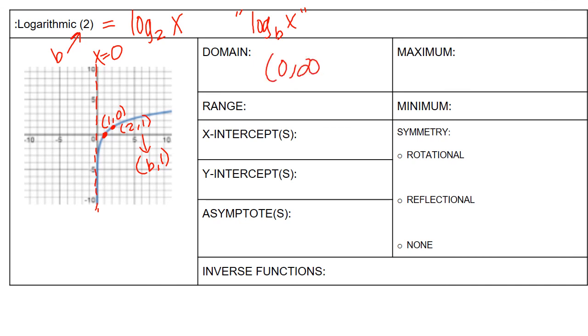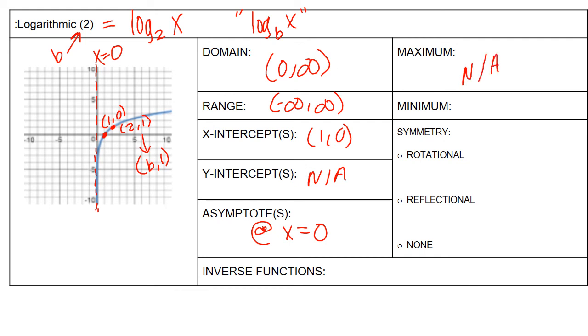0 to infinity, negative infinity to infinity, 1, 0, no y-intercept, asymptote at x equals 0, no maximum, no minimum, and no symmetry.